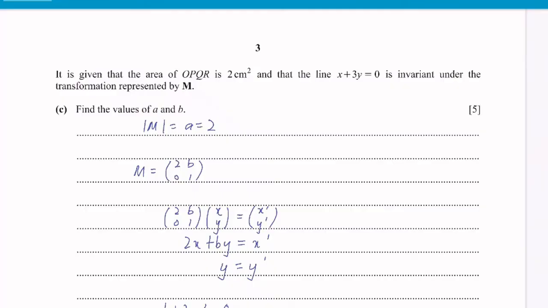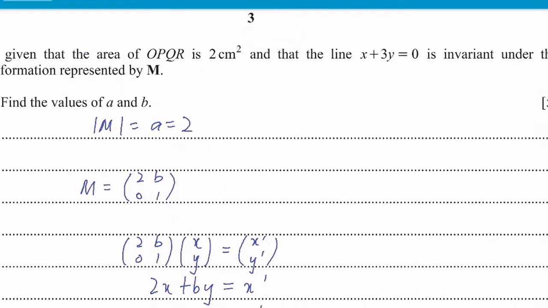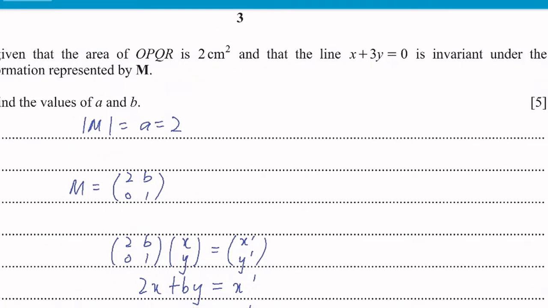For part c, the area of OPQR is 2 cm squared, and the line x plus 3y equals 0 is invariant under the transformation represented by M. We are going to solve for a and b. For a, it is related to the area. The square is 1 cm squared, and if we transform using M, it gives us OPQR, which is 2 cm squared.